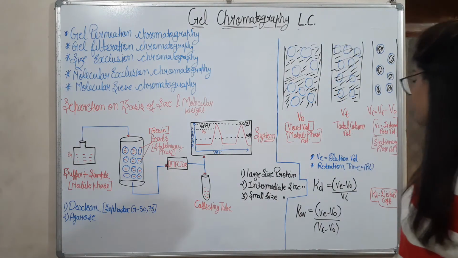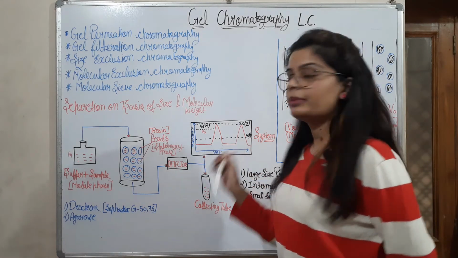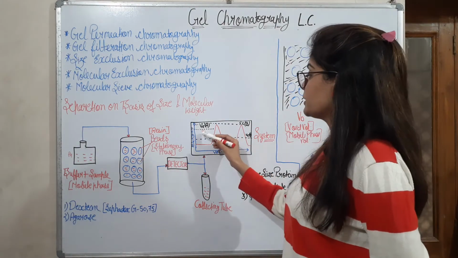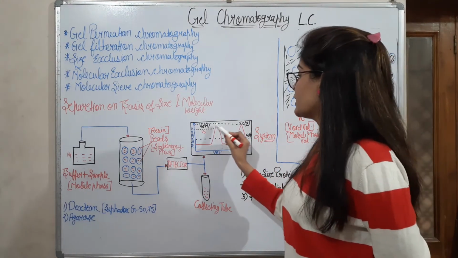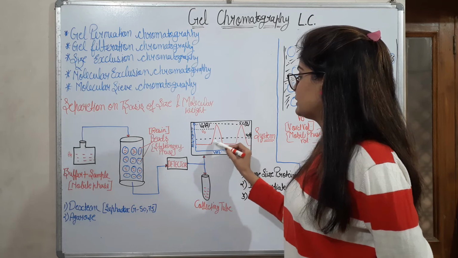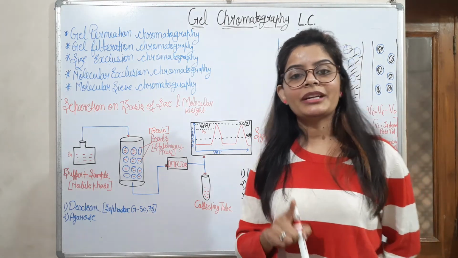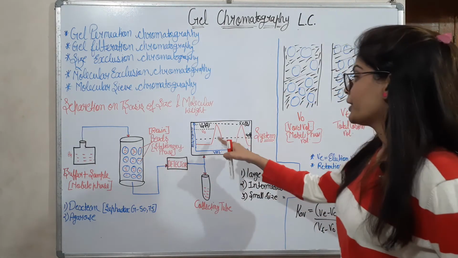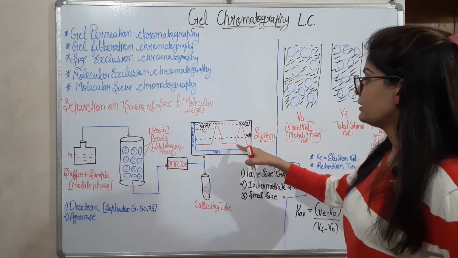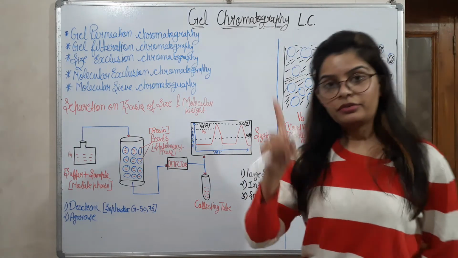So let's begin. This straight line shows the buffer volume, denoted by VO, which is only the mobile phase volume, and then at this peak we have collected the A protein, the large size protein, denoted by VE, elution volume for A, VEA. Then again a straight line, then again volume for B protein, VEB, then further VEC.